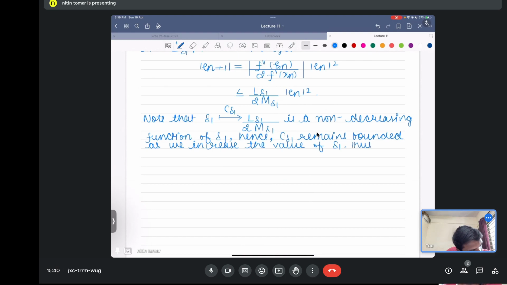Thus there exists a delta less than 1 such that delta is less than delta 1 and delta times c delta is less than 1.